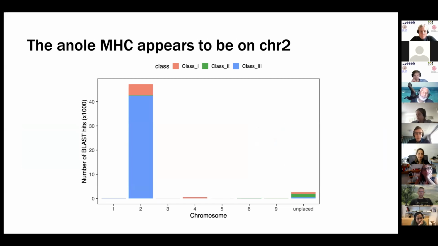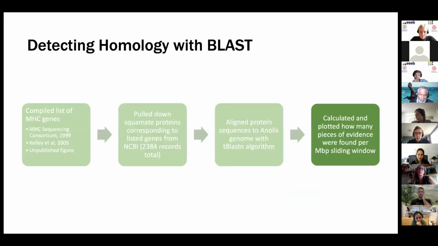which shows that the anole MHC appears to be on chromosome 2, but there were also a good number of hits on unplaced scaffolds, which we think might actually be potentially part of chromosome 2, but just a poor assembly quality at this point. So to refine this analysis a little bit more, we calculated and plotted how many hits we had per megabase pair sliding window.